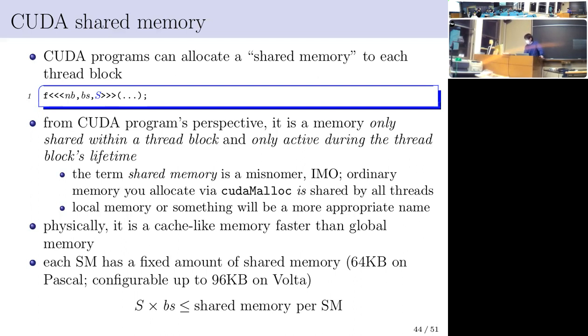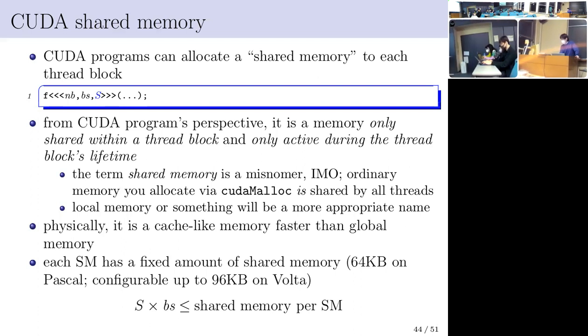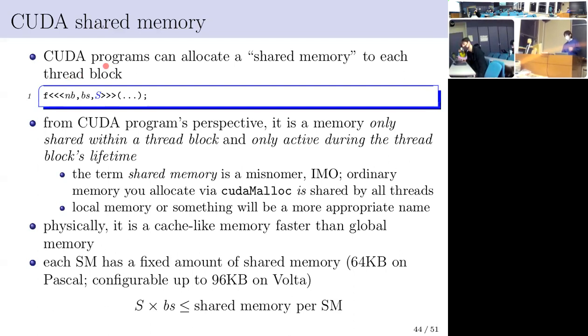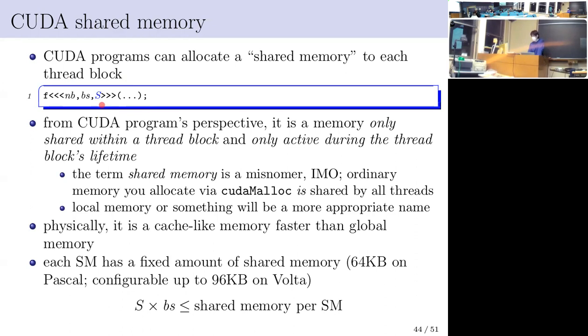And finally, about shared memory. So I talked about shared memory in passing a few times. So what it looks like from the programmer's point of view: it is another parameter you can specify when you launch your kernel.